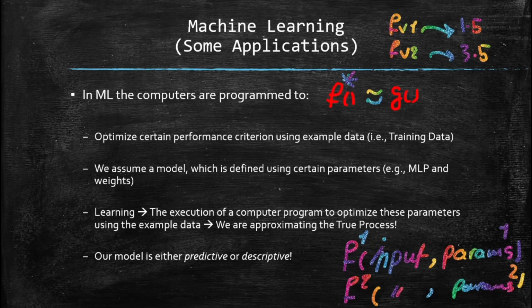Learning is learning those parameters. And every time you come up with a better set of parameters, your F becomes better and better. And the gap between your F and the truth, which is G, becomes smaller and smaller. Okay? So that is learning, basically.